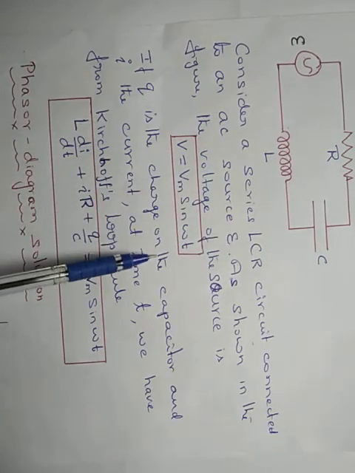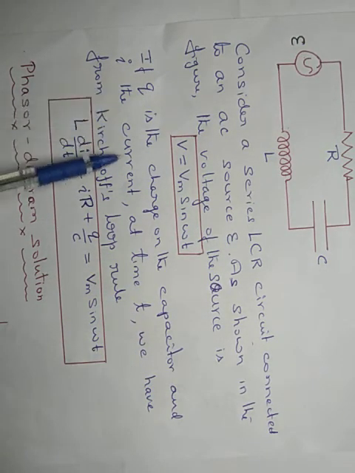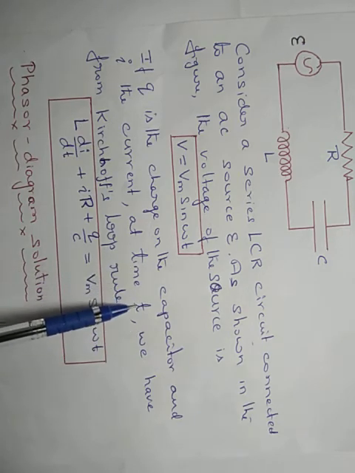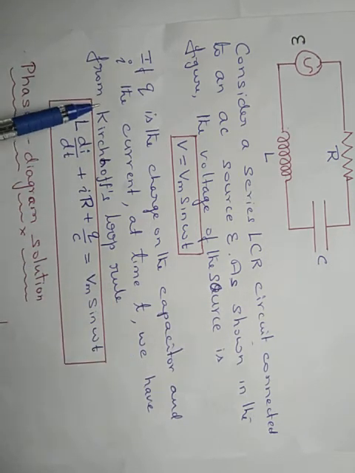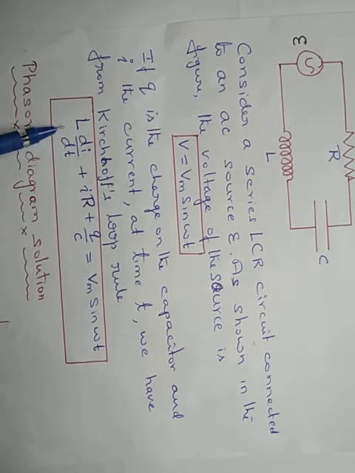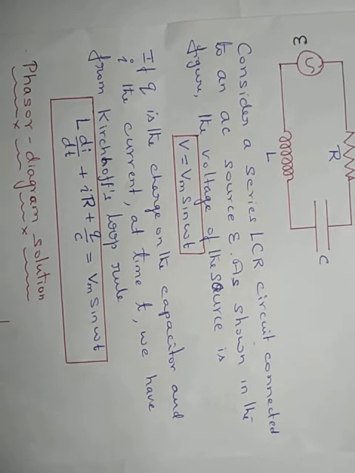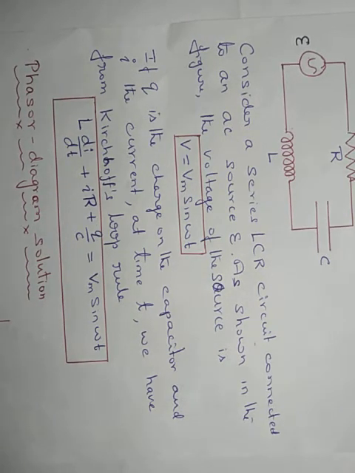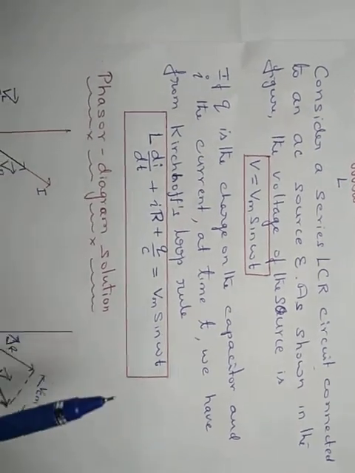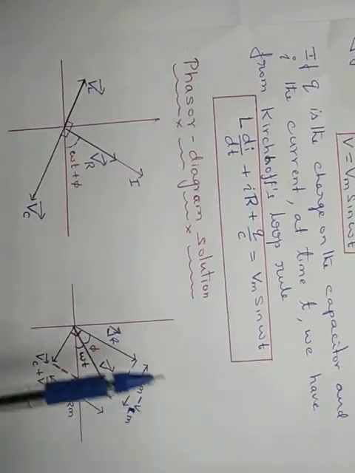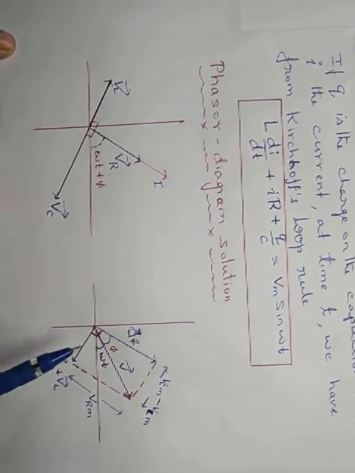If Q is the charge on the capacitor and I is the current at any time t, we have from Kirchhoff's loop rule L di by dt plus IR plus Q by C equal to Vm sin omega t. Okay. So, we can find the impedance using the phasor diagram. See the phasor diagram.